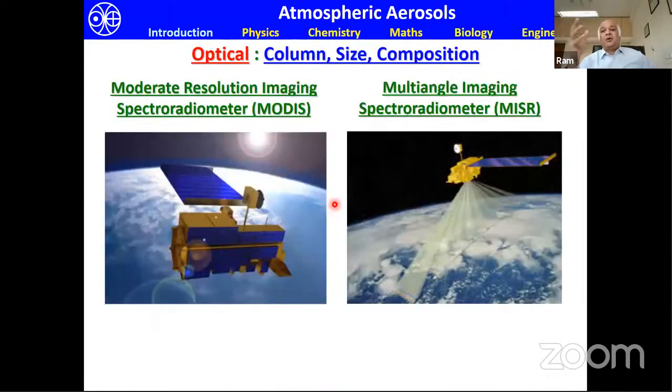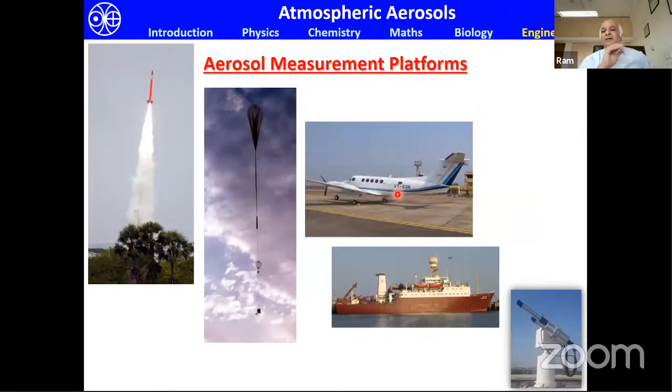And of course, for a global picture, you need to resort to satellites. Currently, for example, there are several of them that measure the aerosol column, size and composition, which includes MODIS and MISR. I'm sure you are aware of these satellites and the payloads in them. And then the different platforms that we use, starting from ground-based, to ships, aircraft, balloons, and rockets.